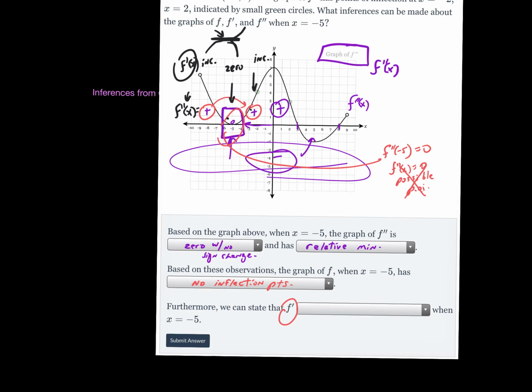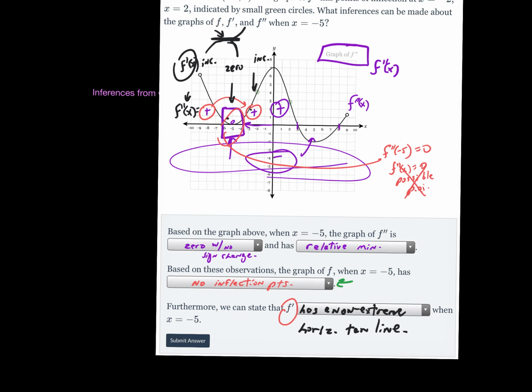If it's not extreme, it just means it's not one of the extrema, not a min or a max. So we can write that up like this. This f prime has a non-extreme horizontal tangent line. As I look at the drop-down choices for this one, while there are no inflection points, that's not one of the choices.